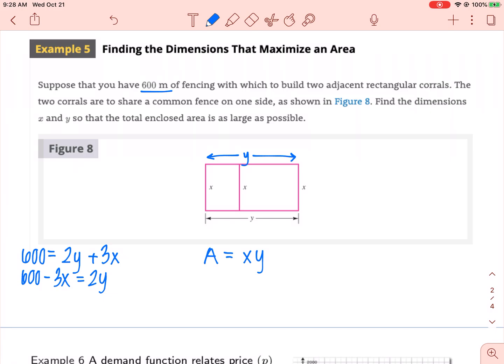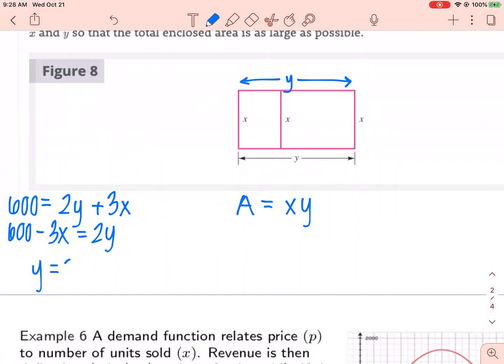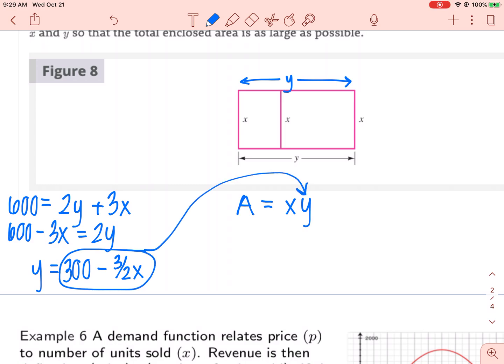So 600 minus 3x equals 2y. I'm going to kind of rearrange a little bit for us. So y is going to equal 300 minus 3/2 x. Ugh, fractions, but it's okay. We're taking that, plugging it in. This is everything we did before.